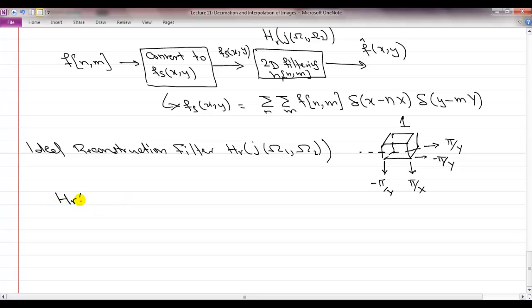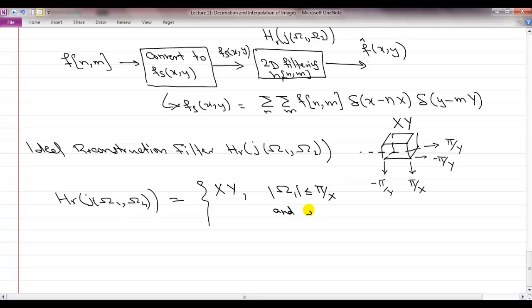So H_r of j omega 1 omega 2 is simply equal to 1, or to make sure that we get the same height as before, actually the height of this thing should be x times y. It will be xy for all omega 1 less than or equal to pi by x, and omega 2 less than or equal to pi by y. Okay, and it's 0 otherwise.